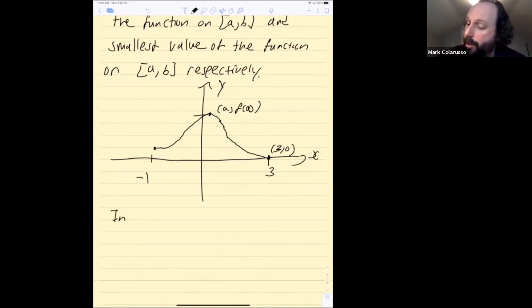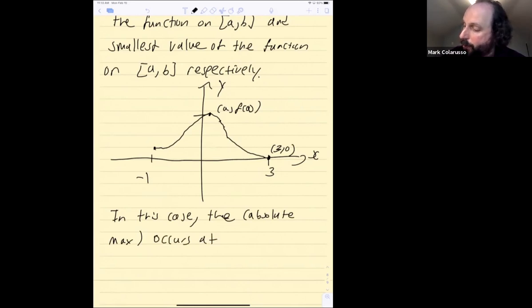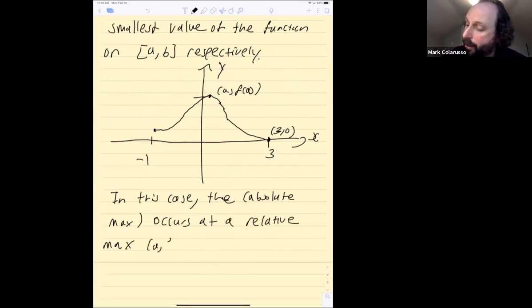So in this case, the absolute max occurs at a relative max, at whatever that value happens to be.